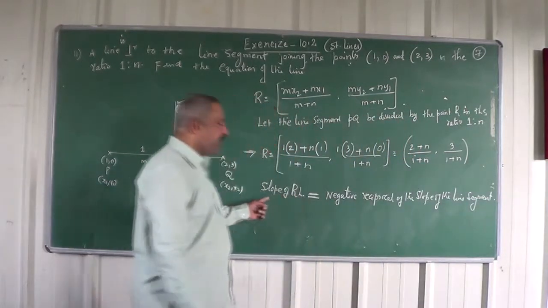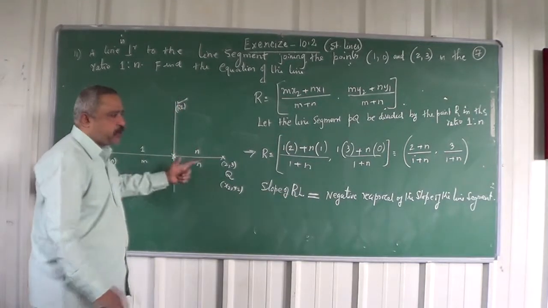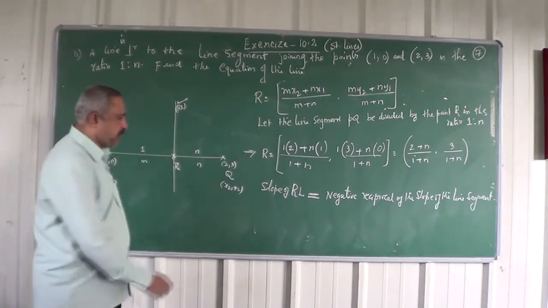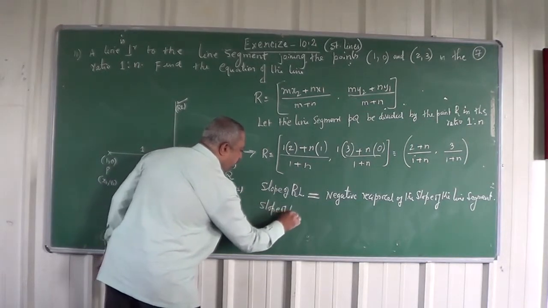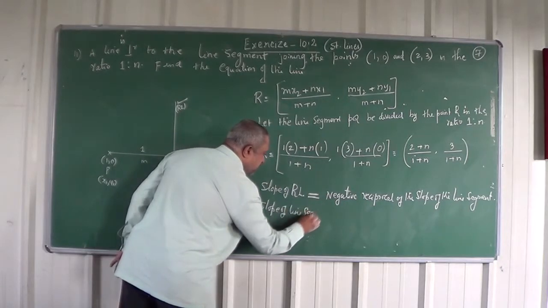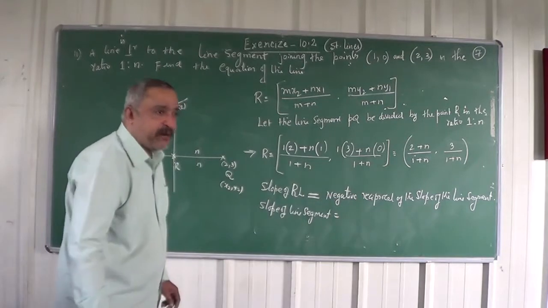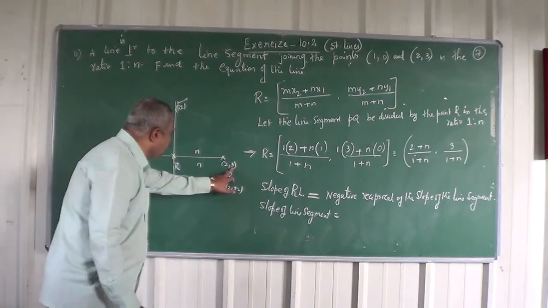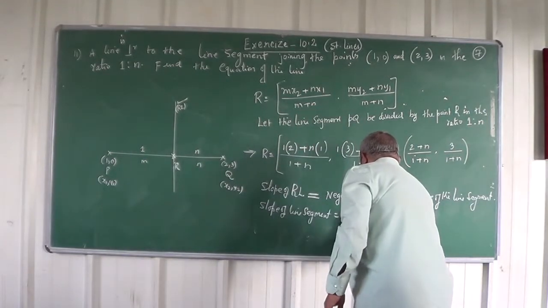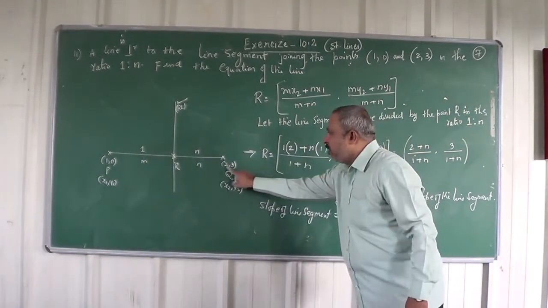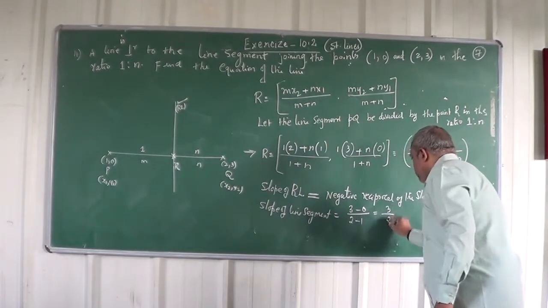Did you understand the statement? The slope of the required line is the negative reciprocal of the slope of the line segment. So you now take the slope of the line segment. What is the formula? y2 minus y1 divided by x2 minus x1. So 3 minus 0 divided by 2 minus 1, that is 3 by 1.